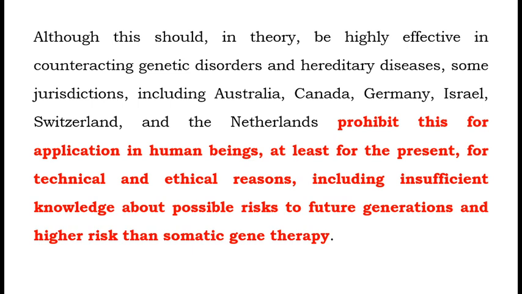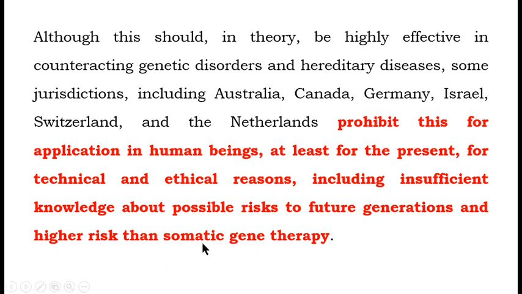Now, germline gene therapy looks very attractive, and in theory, it is highly effective in counteracting genetic disorders and hereditary diseases. But the problem is that some of the major countries of the world, like Australia, Canada, Germany, Switzerland, and the Netherlands, prohibit this application in human beings, at least for the present, for technical and ethical reasons, including insufficient knowledge about the possible risks to future generations.